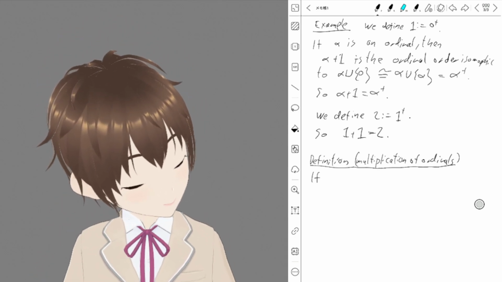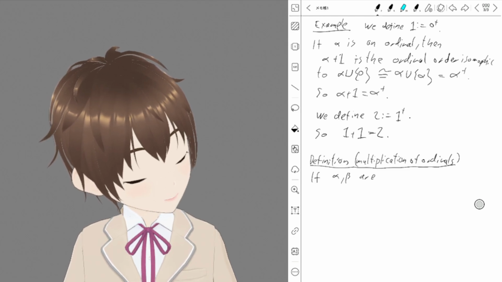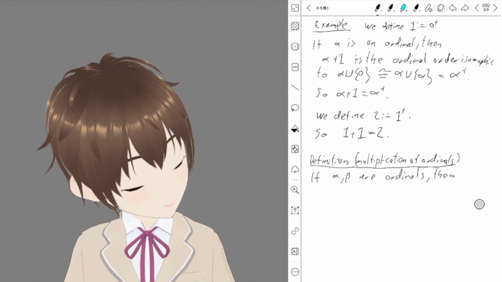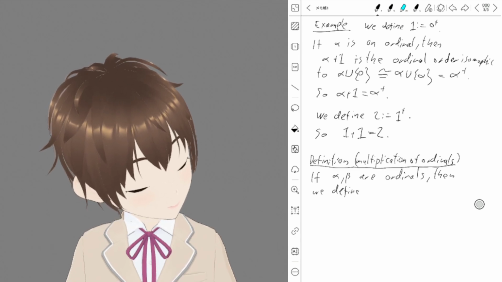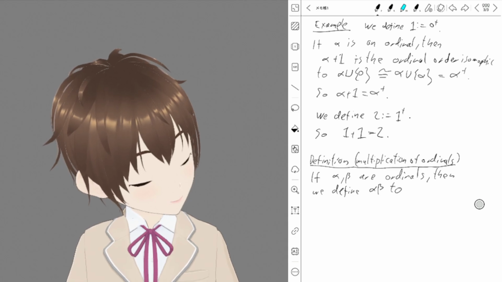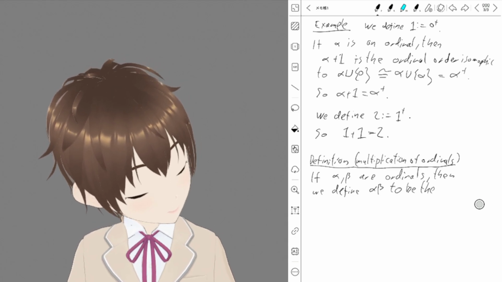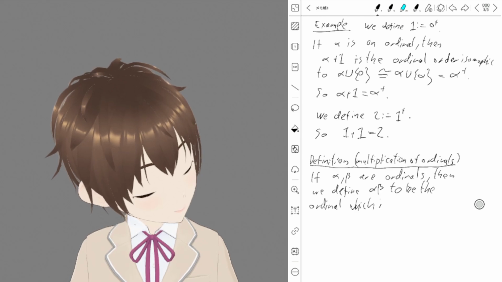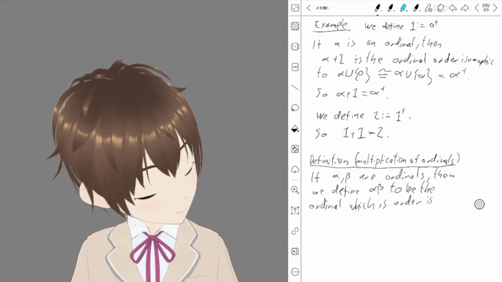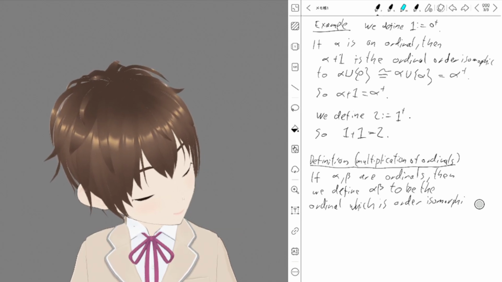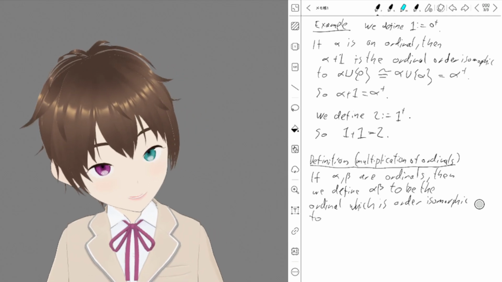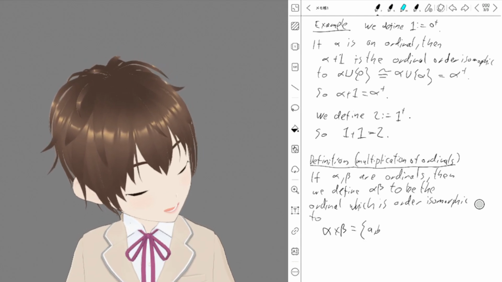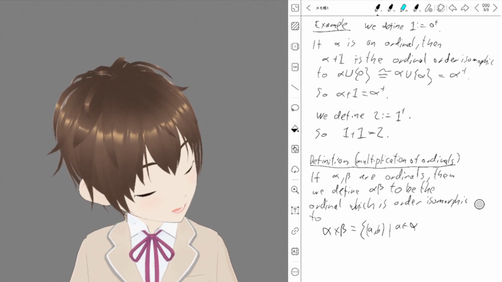So if alpha and beta are ordinals, then we define alpha beta to be the ordinal which is order isomorphic to this thing. We take alpha Cartesian product beta. Remember, this is the set of all pairs A, B, where A is in alpha and B is in beta.